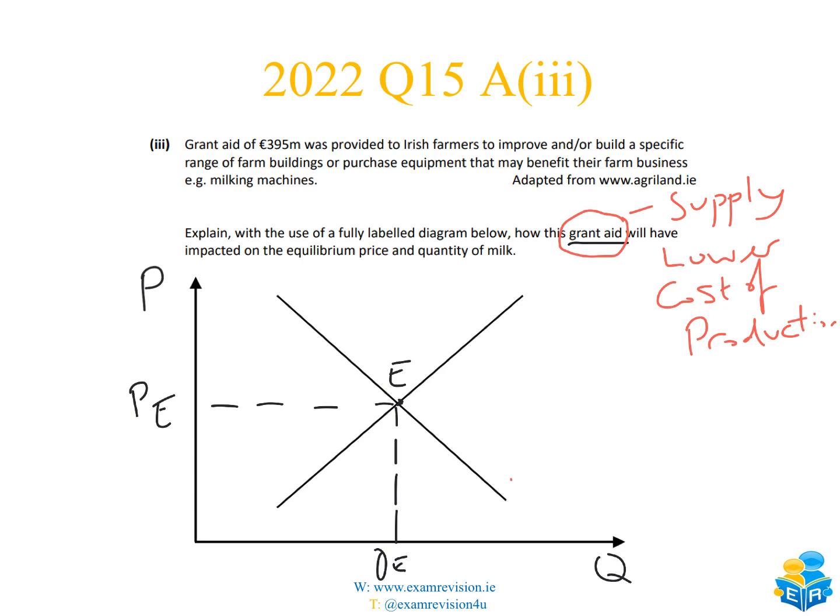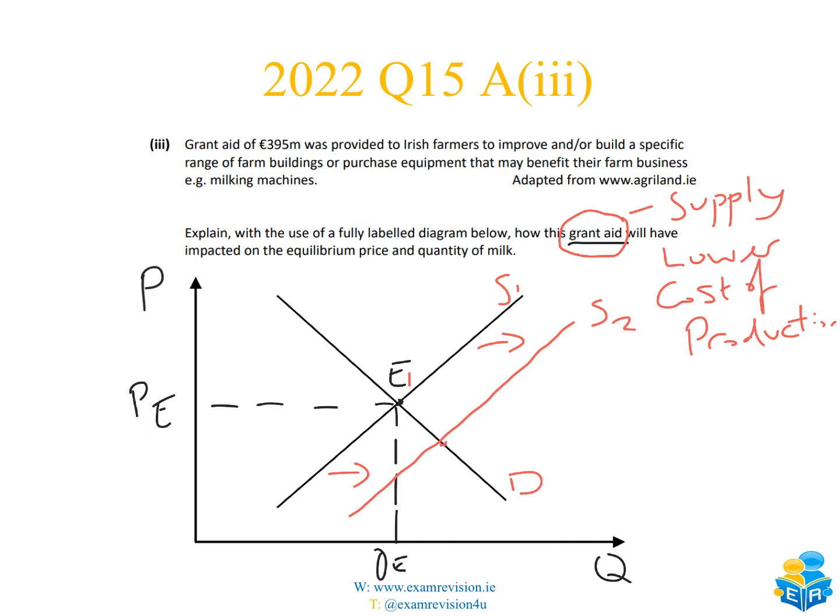So again, we should have labelled our demand curve already and our supply curve already. So now we're going to label this supply curve S1, and I'm going to change the E to E1, because we're going to draw a new supply curve now. I'm going to draw that in red. So our supply is going to increase because grants have made it cheaper to supply, so costs of production have become lower. We draw a new supply curve out here and we call it S2.